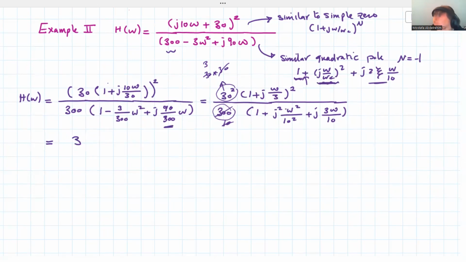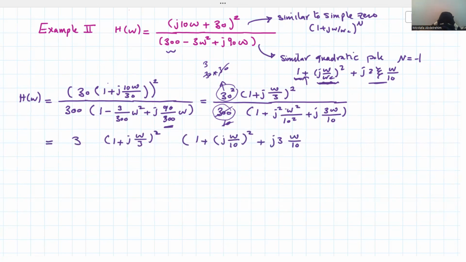We're going to have the 3 as a constant, and then 1 plus j omega over 3, squared. Then the third term is basically the denominator, so we bring it to the numerator with -1 as exponent. So it's 1 plus j omega over 10, that's j squared omega squared over 10 squared, plus j 3 omega over 10, all to the power of -1, of course.